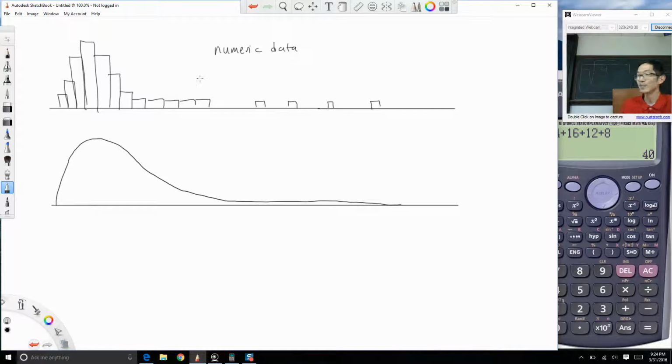Do you agree? So this is our histogram, and I'm going to summarize it with a curve that looks like this, okay? Basically what this means is that whatever value we're looking at, this could be something like income, okay? Most of the people make about this much income. This is most people. And then we have a few extreme values.